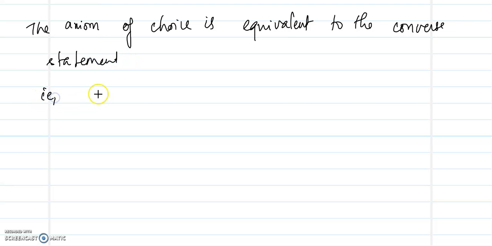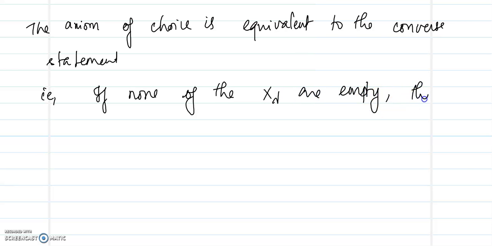That is, if none of the X lambda are empty, then the direct product of X lambda is not empty. So if none of the sets in a collection are empty, then corresponding to each set we'll be getting a representative element. So this is another version of the axiom of choice.